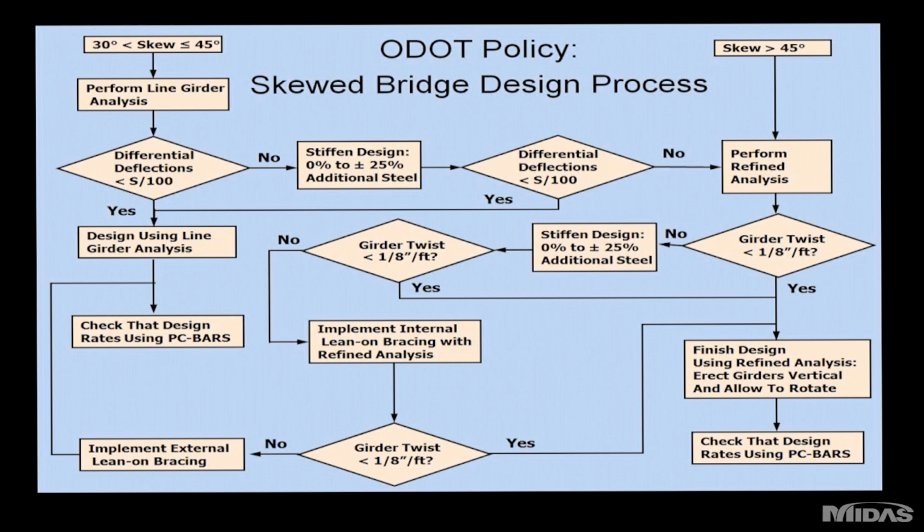So that said, this is the policy. For skews less than 30 degrees, you're exempt from the policy, and line girder analysis is acceptable. For skews from 30 to 45 degrees, you start the process on the left side of this flow chart, and for skews greater than 45, you start on the right side, and then we'll walk through each of those in turn here.